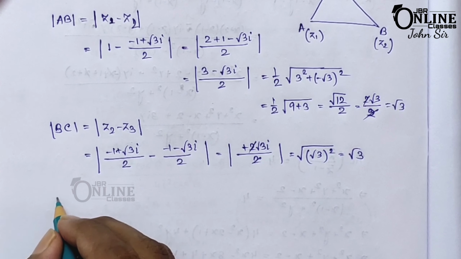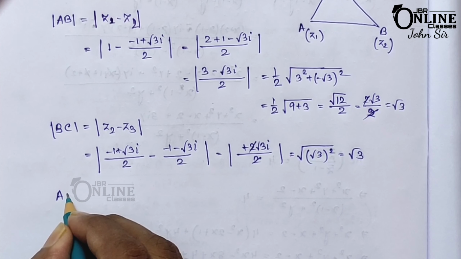Now the last one, that equals AC. So now write down Z1 minus Z3. So that will be 1 minus, again minus 1 minus root 3i by 2. Now as same as this one, so 2 plus 1, it will be 3, then 3 plus root 3i by 2.